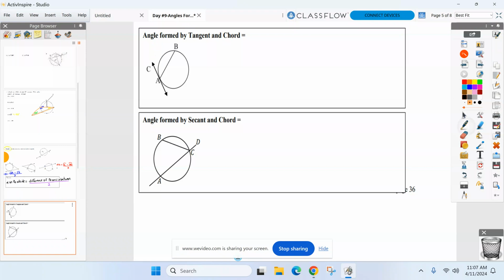There are two types of tweener angles. First one, you just answered this for me, is formed by a chord and a tangent. An angle formed by a chord and a tangent, so angle CAB. How do you find a tweener angle formed by a chord and a tangent? You take half the arc in between.